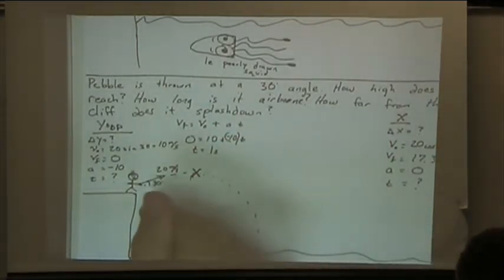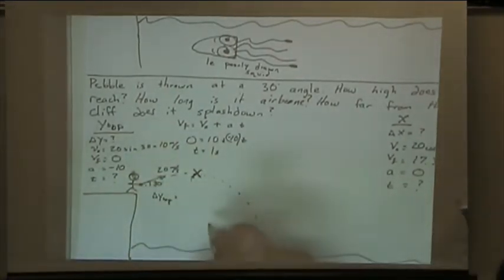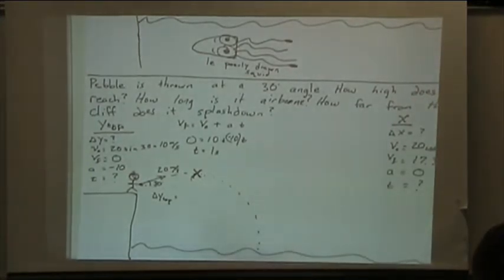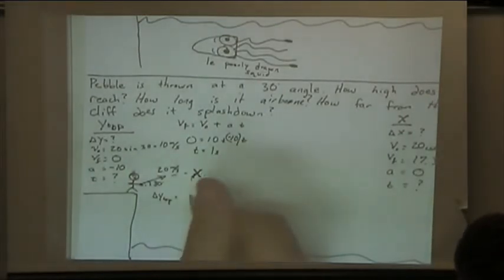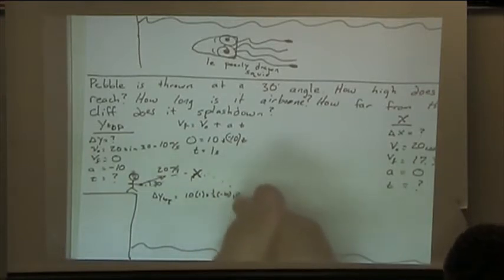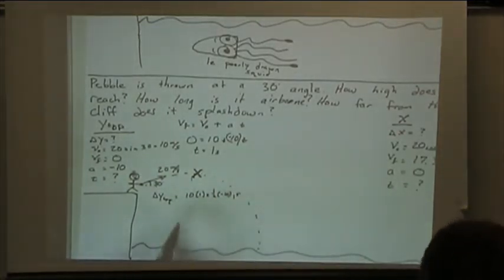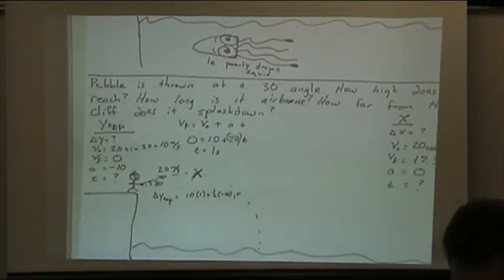Then, if I say delta y, and I'll put top here again, just to remind myself this is just the distance to the top of the arc. Delta y to the top of the arc is going to be 10 times 1 plus 1/2 times negative 10 times 1 squared, using the first equation, initial velocity times time plus 1/2 a t squared.